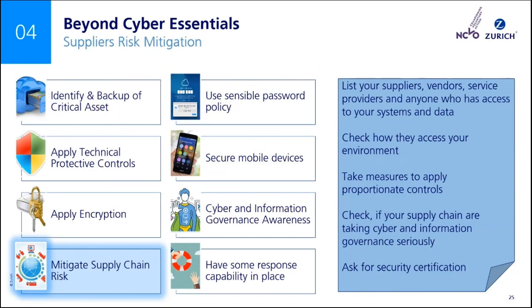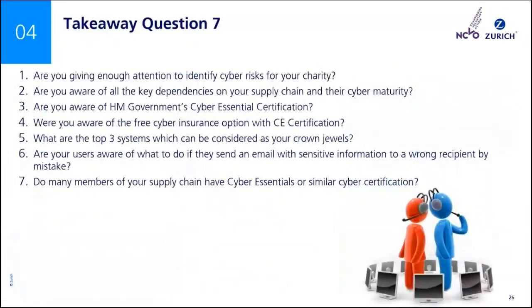Check if your supply chain are taking cyber and information governance seriously. Ask for security certification. Ask them, do you have any kind of security certification? That brings me to my next question. Do the members of your supply chain have Cyber Essentials or similar cyber certification? Have you checked that?